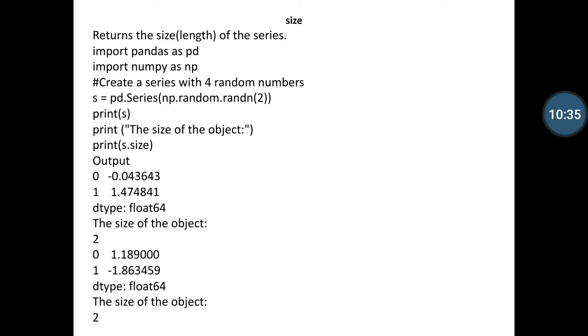After execution, you notice that the two elements of the series are printed and also the data type is defined here. The size of the object is 2, and the numbers are defined after execution.